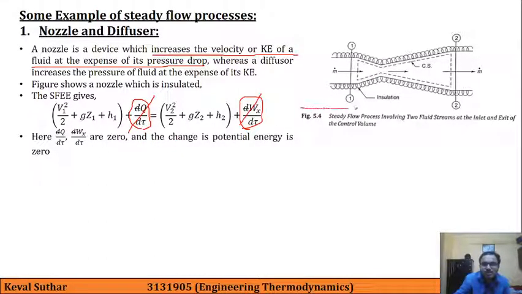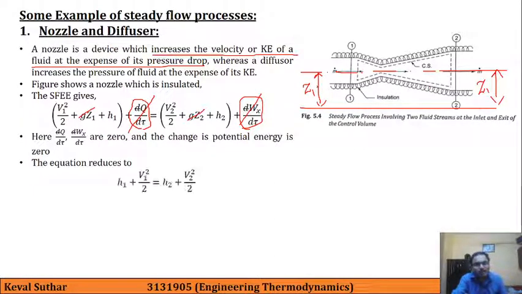Let us say that this is an arbitrary line and our two sections, 1-1 and 2-2, are at this axis. So both the sections are at the same height, that is, this is Z1 and this is Z1. So both are equal, so this will also vanish.